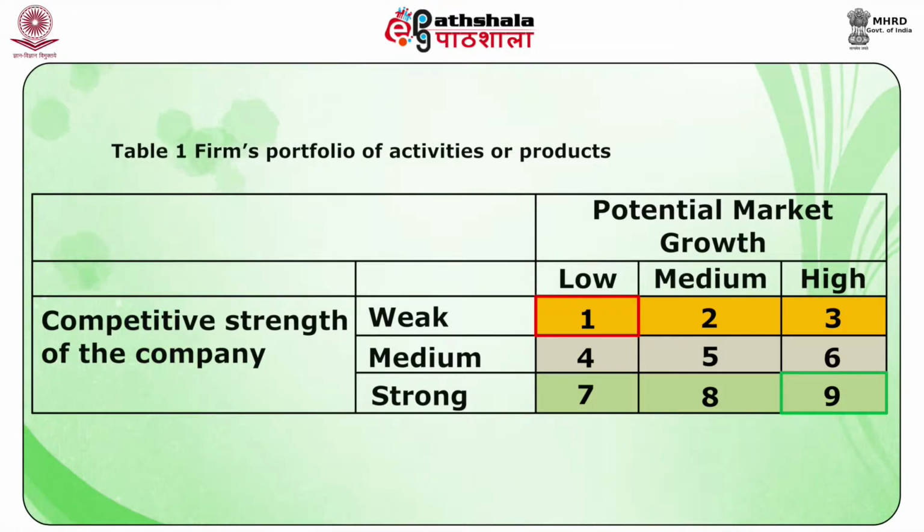For example, activities in box 9 require investment of resources because of high growth rate, while in box 7, above average return may be produced due to strong competitive position even without making any investment.